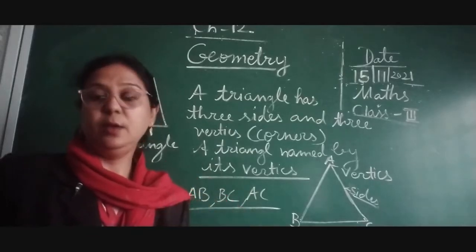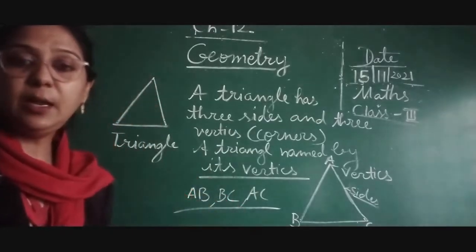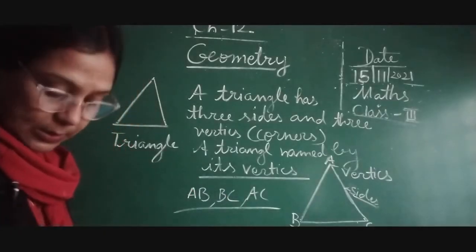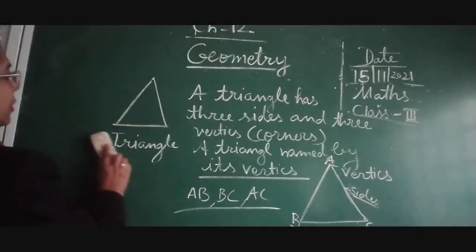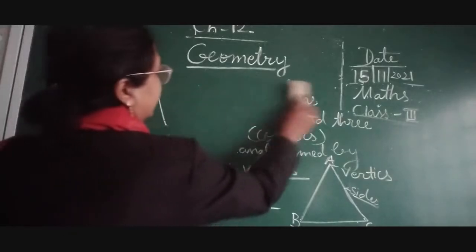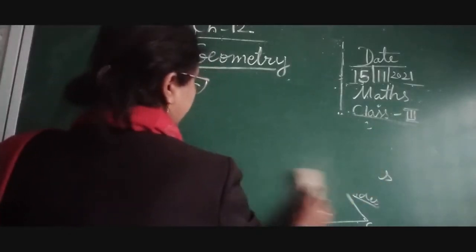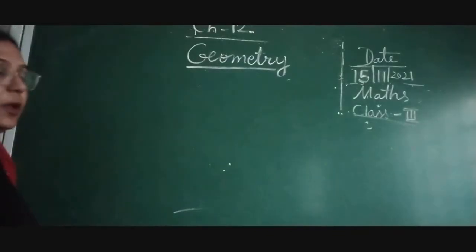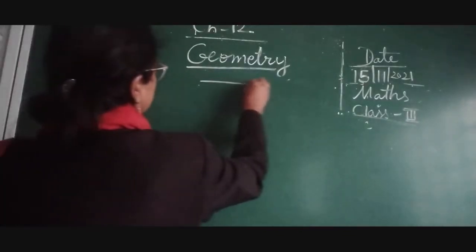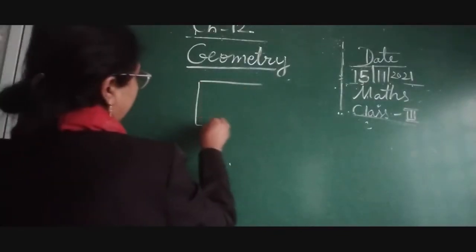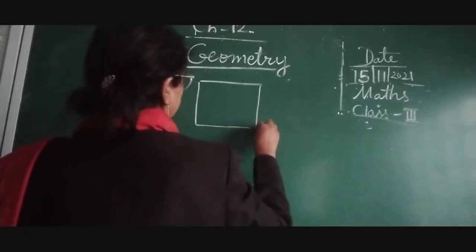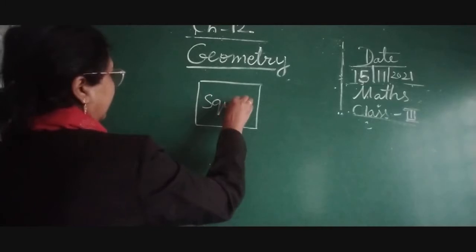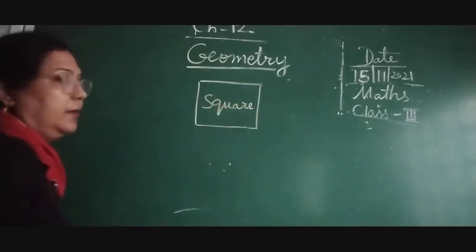Now children, we are going to study the square. Our next shape is the square. We are going to draw a square first. So this is a square.